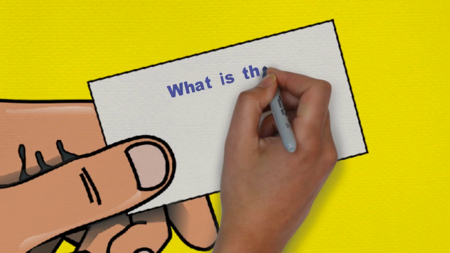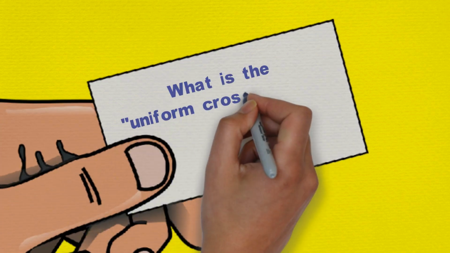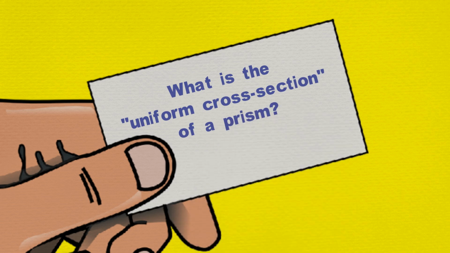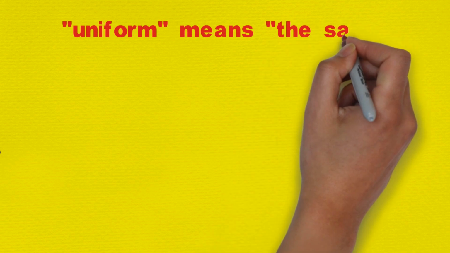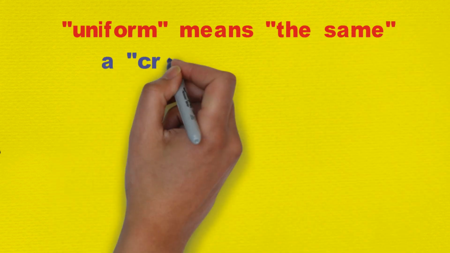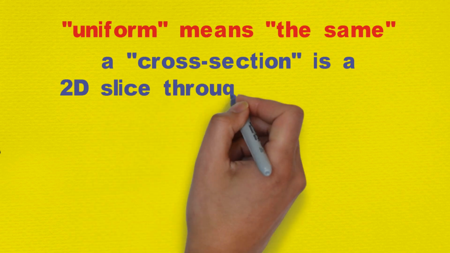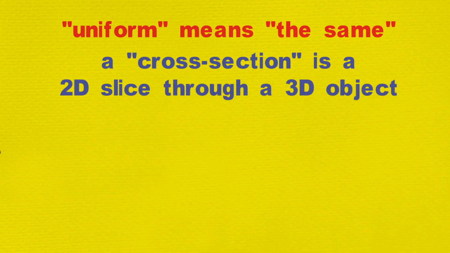Question: what is the uniform cross-section of a prism? Answer: the word uniform means the same, and a cross-section is a 2D slice through a 3D object.